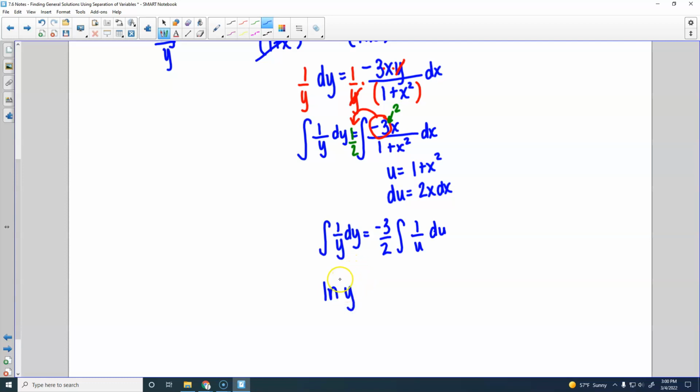Actually, absolute value of y equals negative 3/2 times the natural log of the absolute value of 1 plus x squared. And we're going to put the plus c over here. I went ahead and plugged my u back in at that point. If you wanted to put the u there, you could. That's fine. And then you'll have one more step where you have this.